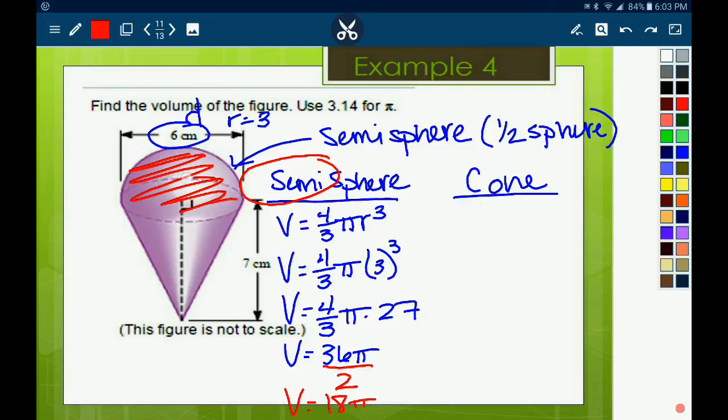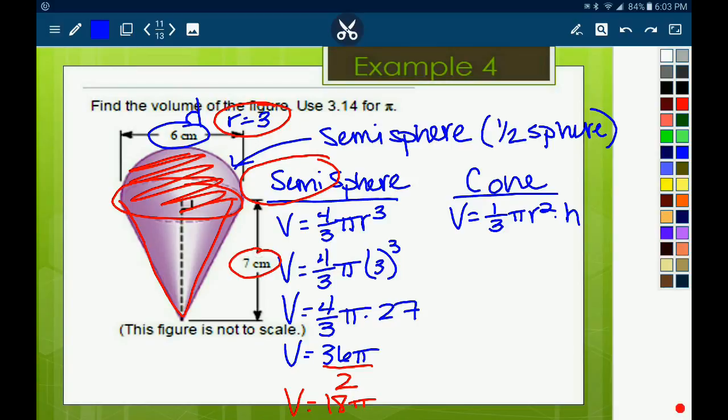Now we need to find the cone that's below it. So for the cone's formula, we learned this yesterday, volume is equal to 1/3 pi r squared times h. Well, again, we already found our r. The radius is 3. But then the height they've indicated as 7. So I need to plug that in.